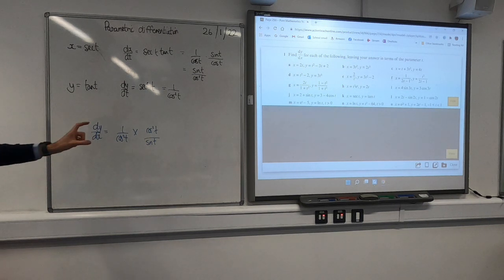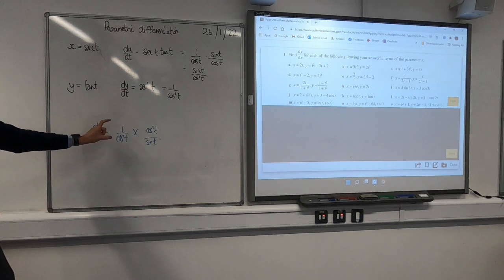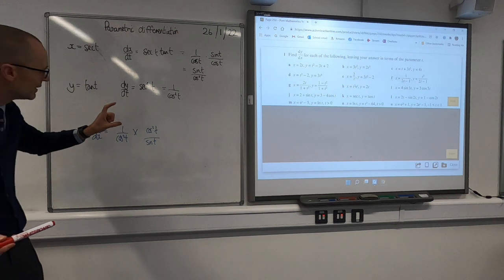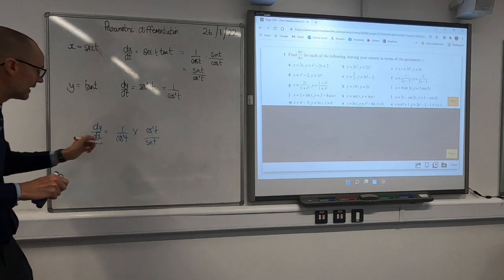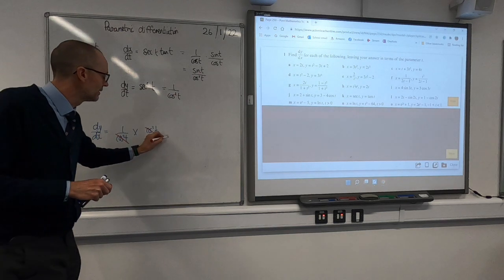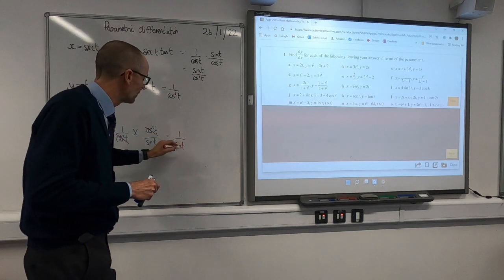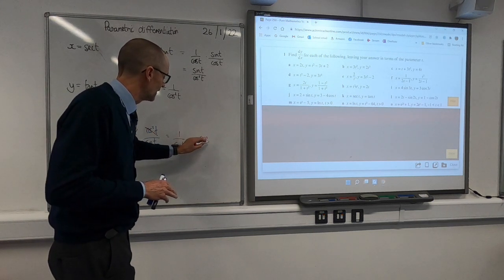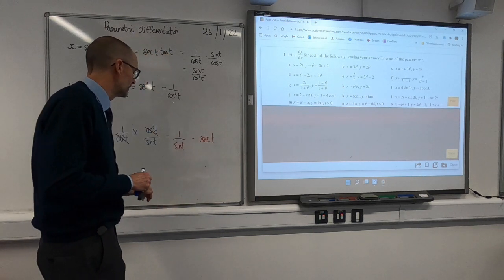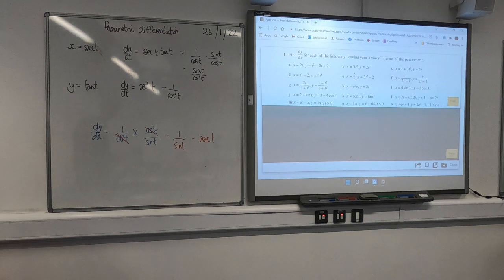So dy by dt and dx by dt flipped over, dt by dx. And out with a cancelling pen, I get 1 over sine t, which is what I'd use if I was substituting values in, although I note that in the answer they actually write that as cosec t, because 1 over sine is cosec. But if I was going to substitute a value of t in, I'd leave it like that.